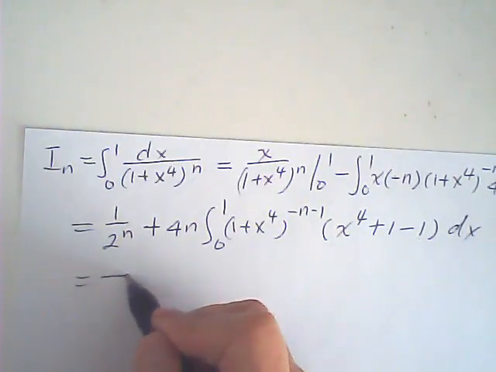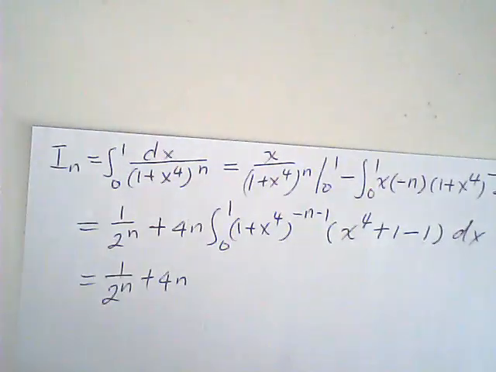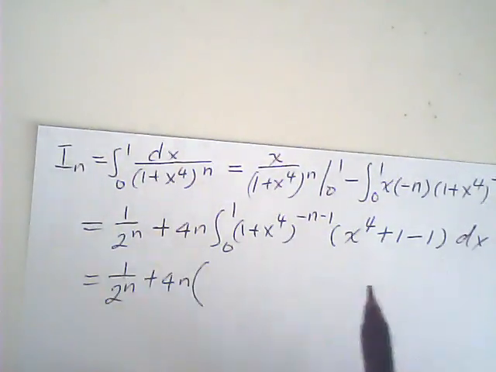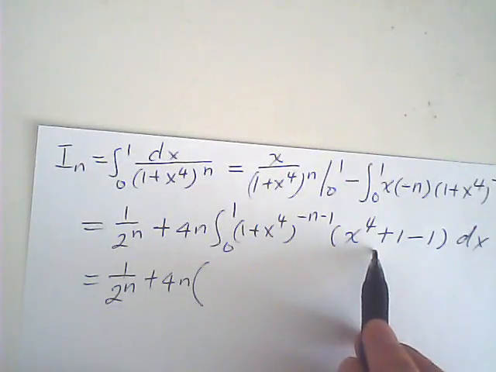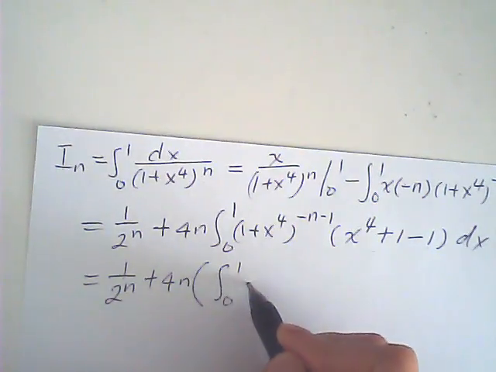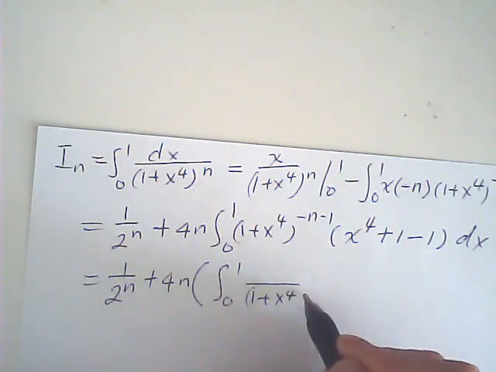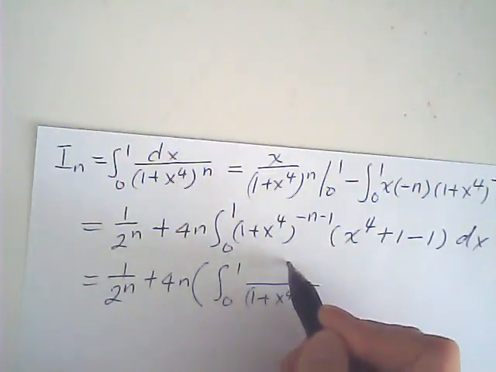So this one is equal to 1 over 2 to the n plus 4n, this one times that one is this, 1 plus x to the 4 to the n, right? dx.